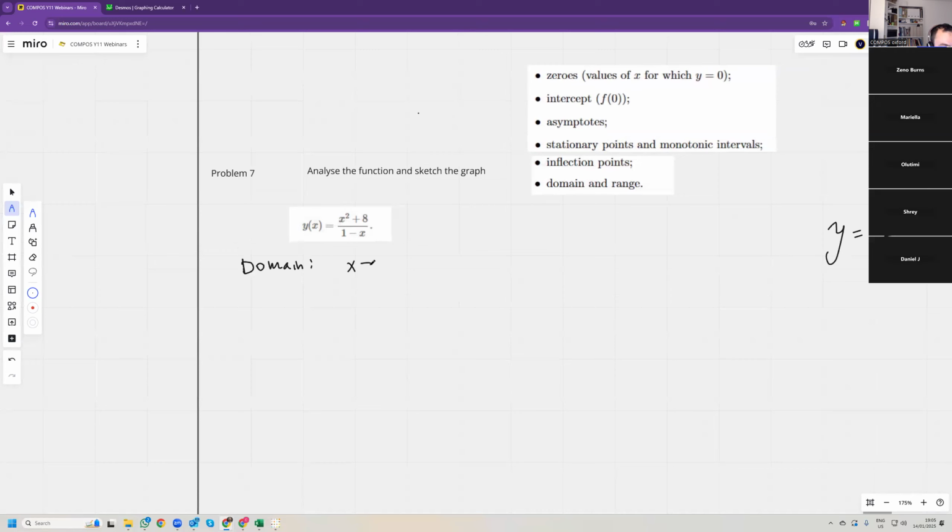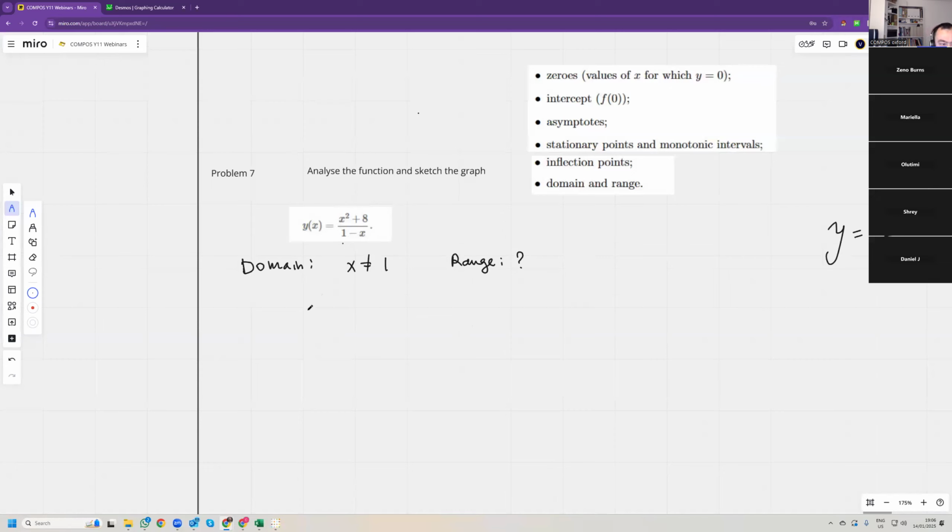Domain is x not equal to 1. Range. Can we find the range? I don't think we can find the range straight away, so range is question mark. I can't see an easy way to find the range because this is positive. This could be anything.